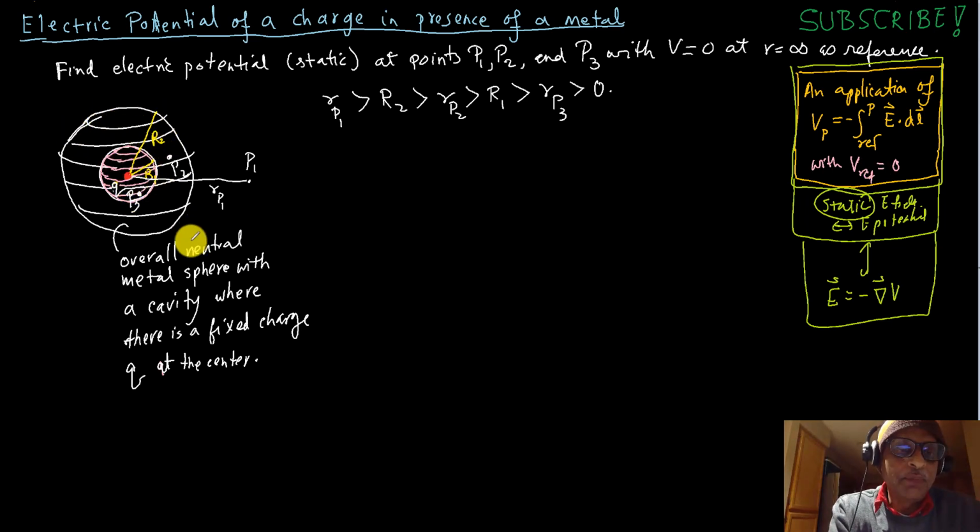So here is a situation. We have a metal sphere with a cavity. There's a cavity inside here, and inside the cavity at the center sits a charge Q, and there's no extra charge anywhere.